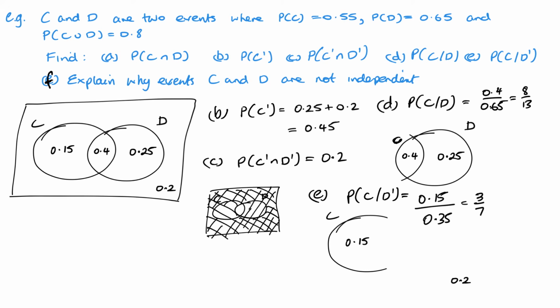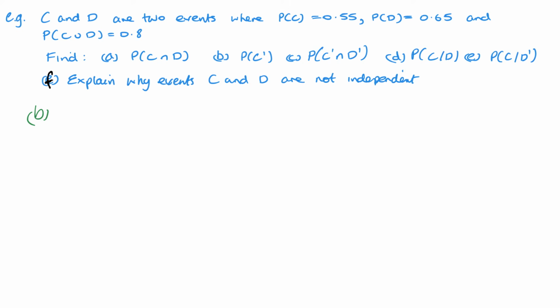Now, before we jump into the final part, part F, what happens if you didn't want to do a Venn diagram and you just use the formulae? So, part B, probability of not C is going to be 1 minus the probability of C. So 1 minus 0.55, so 0.45.